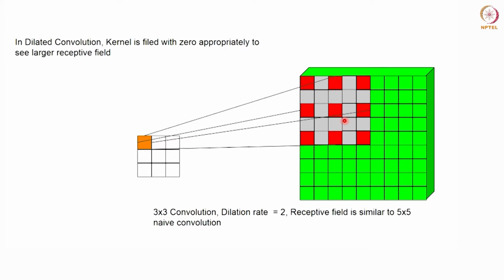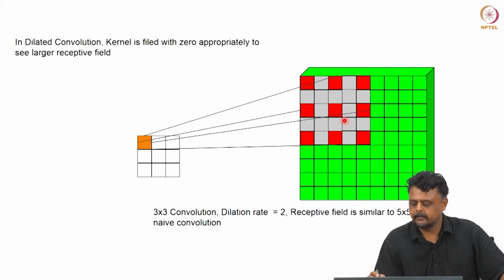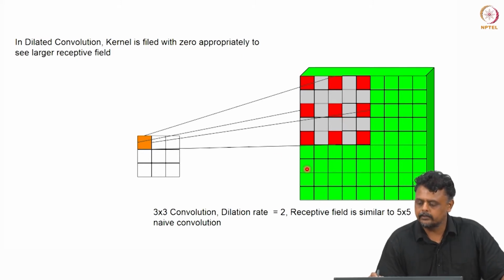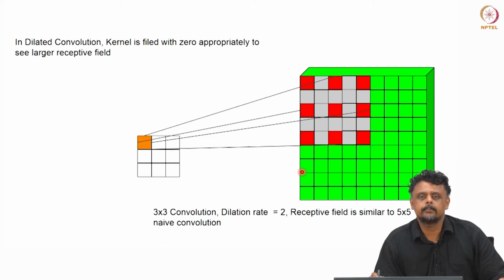The number of zero rows and zero columns that you add is referred to as the dilation factor. So, just to recap, the idea is to inflate the size of your kernel by inserting rows and columns of zeros, so that you can get a slightly larger receptive field.